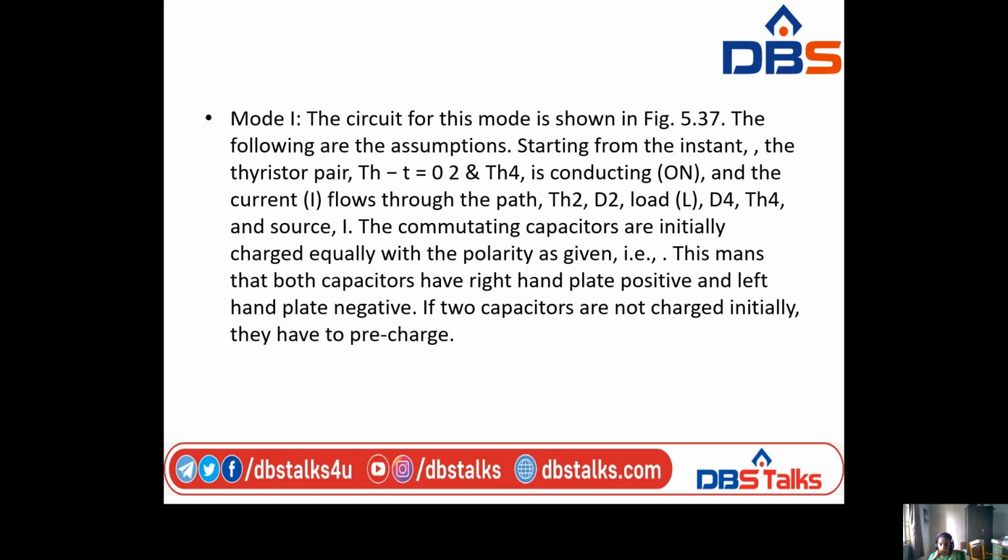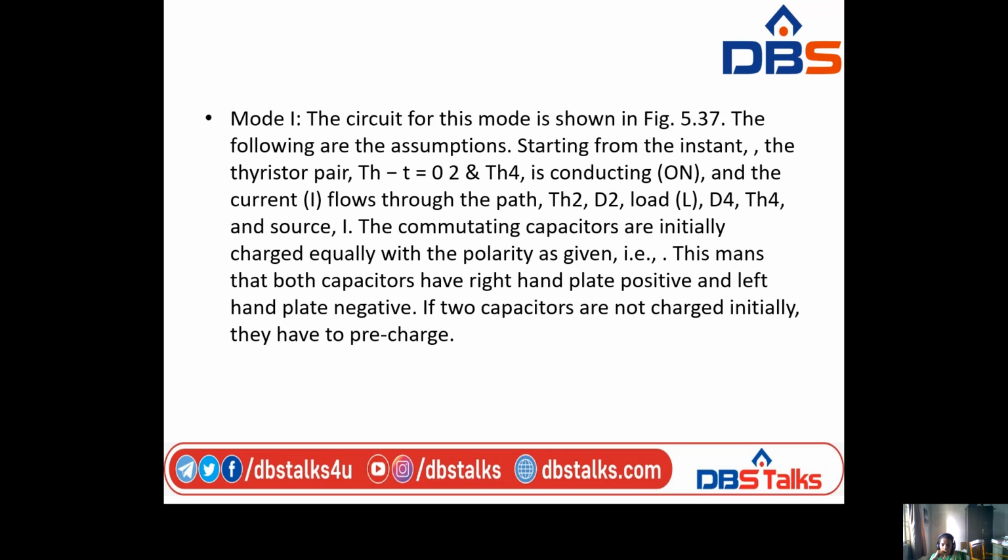At the starting instant, the thyristor pair TH2 and TH4 will be conducting, and the current I flows through the path TH2, D2, load L, D4 and TH4, and the source.